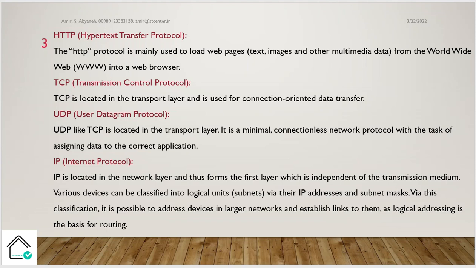IP is the Internet Protocol. IP is located in the network layer and thus forms the first layer which is independent of the transmission medium. Various devices can be classified into logical units, subnets, via their IP addresses and subnet masks. Via this classification, it is possible to address devices in a larger network and establish links to them, as logical addressing is the basis for routing.